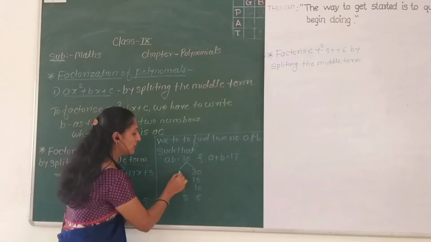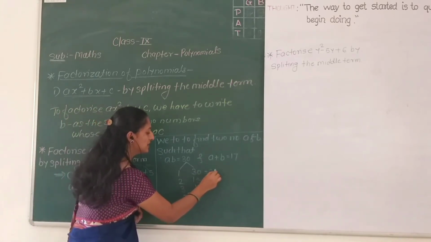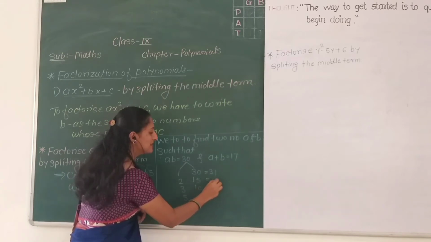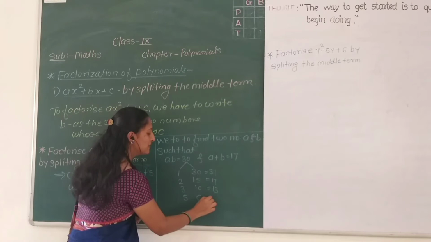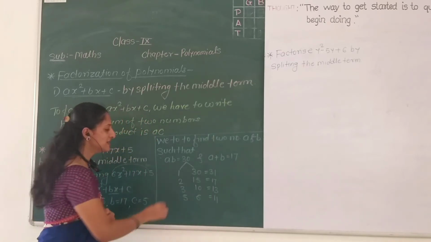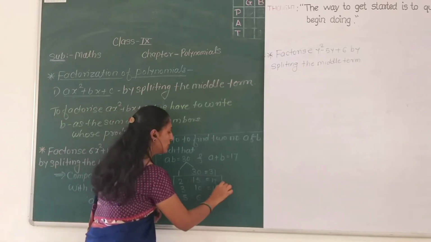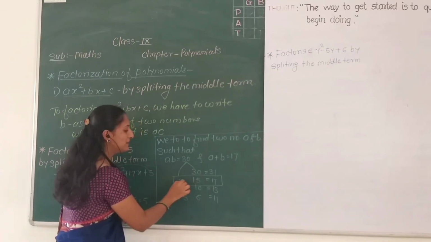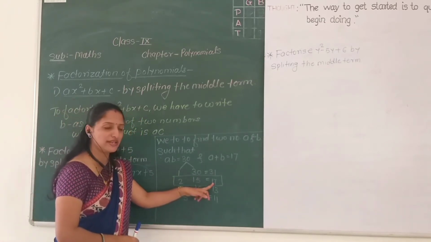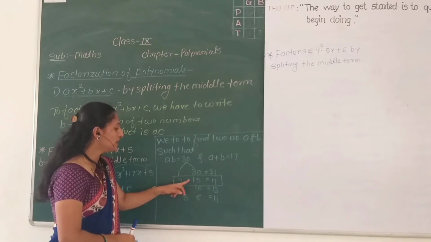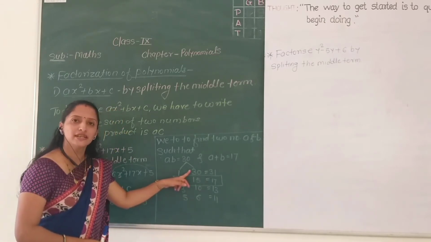Now here 1 plus 30 is 31, 2 plus 15 is 17, 3 plus 10 is 13, and 5 plus 6 is 11. That means this pair, 2 and 15, gives a sum of 17 and a product of 30.